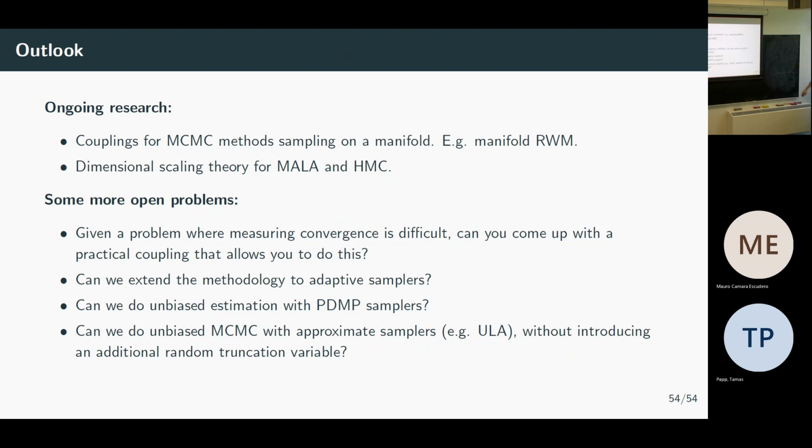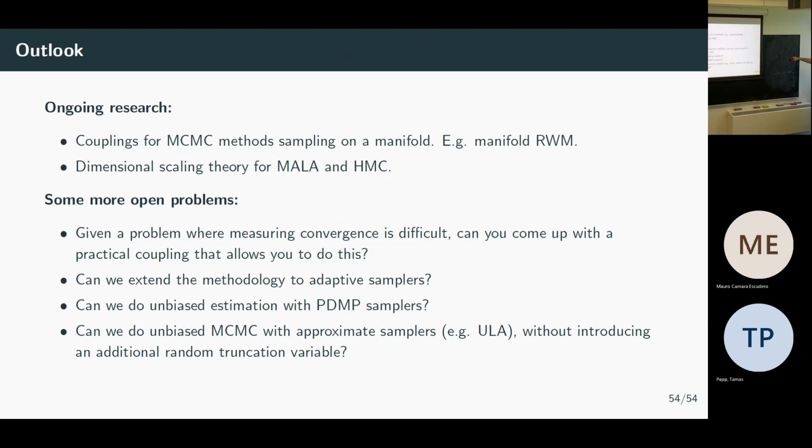A few open problems that I think would be interesting: extending the methodology to adaptive samplers. Somehow this doesn't really lend itself to a sampler that changes its step size as time goes on. Even if you could do the adaptation in some more Markovian way, you'd want the step size to converge to a fixed point, and it's possible that the two chains end up at different points.